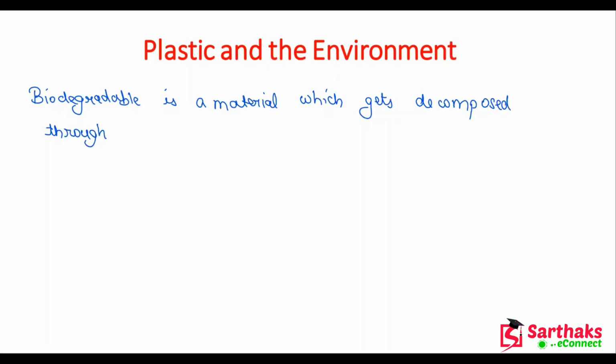All our food materials and all of the things present in the environment get decomposed through natural processes, and that is called biodegradable. What are the natural processes?